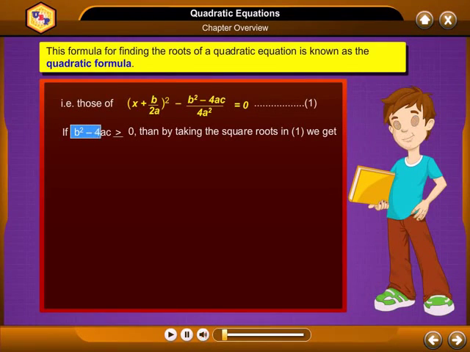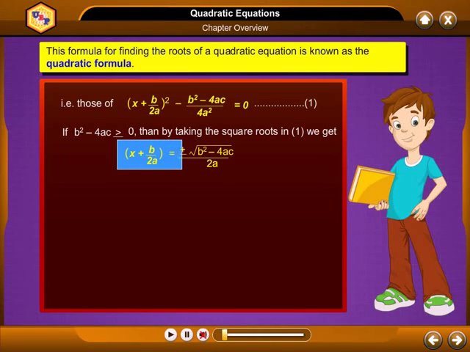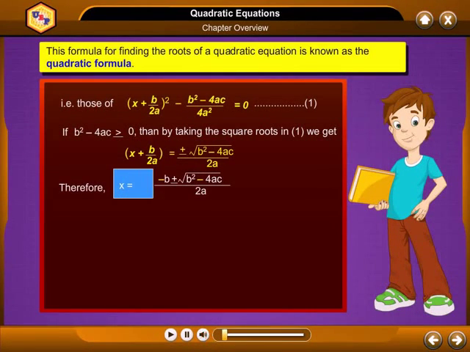If b² − 4ac ≥ 0, then by taking the square roots, we get x + b/2a = ±√(b² − 4ac)/2a. Therefore, x = (−b ± √(b² − 4ac))/2a.